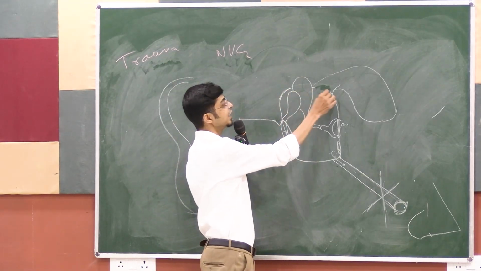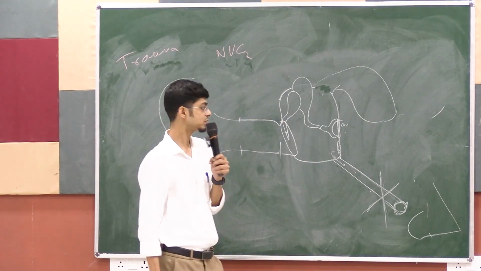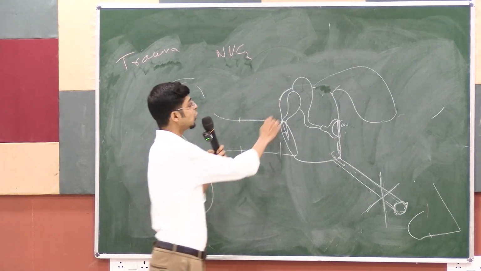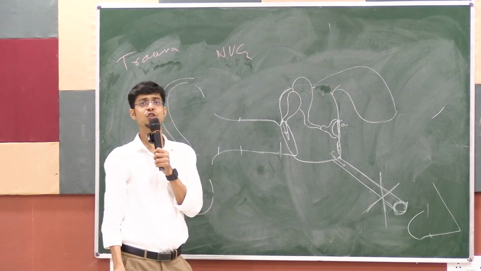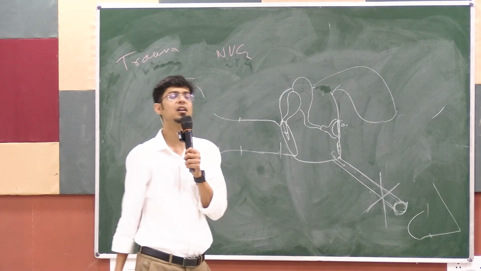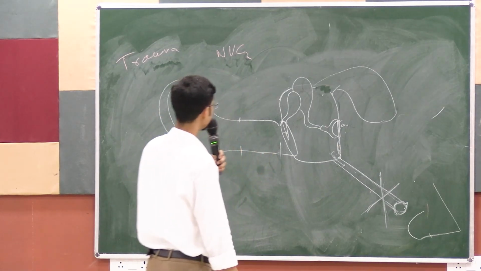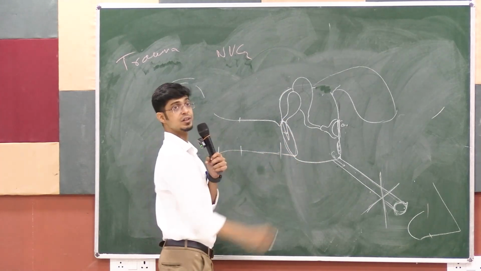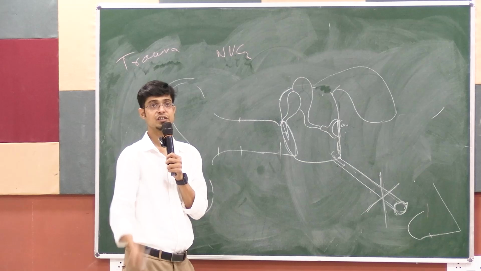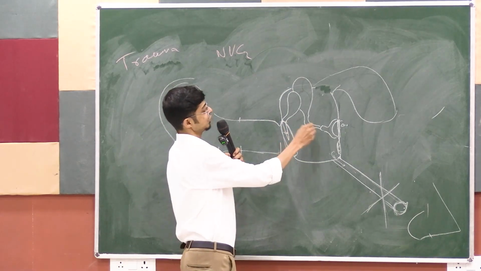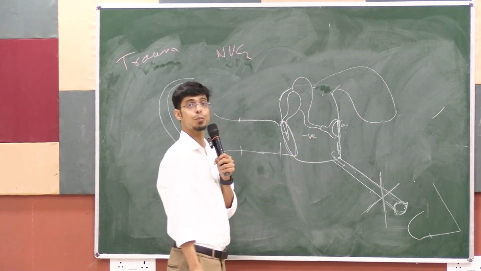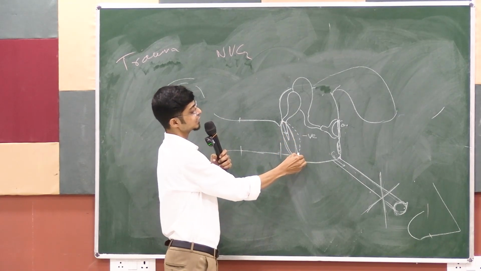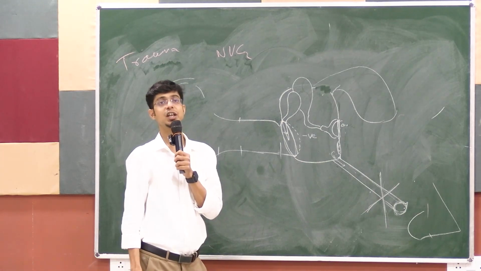This will create a negative pressure here. All other parts are bony, right? So bone cannot be pulled in, it's a hard thing. But the tympanic membrane is a soft, membranous structure, right? So because of the negative pressure here, the tympanic membrane is pulled in like this, causing a retraction of the tympanic membrane.